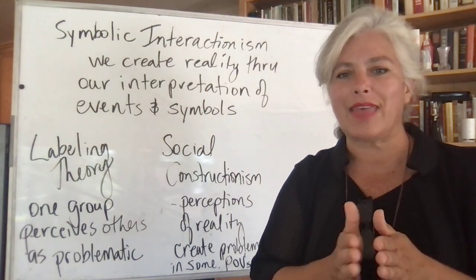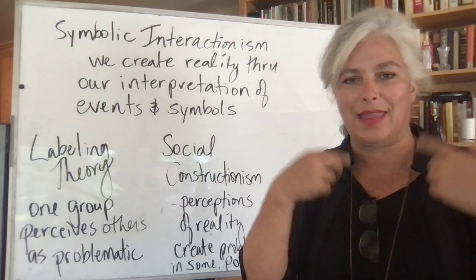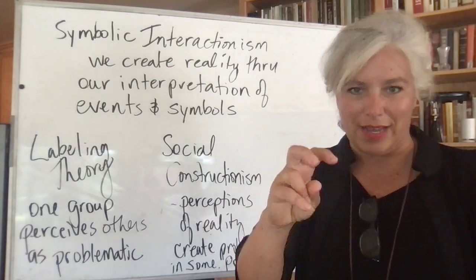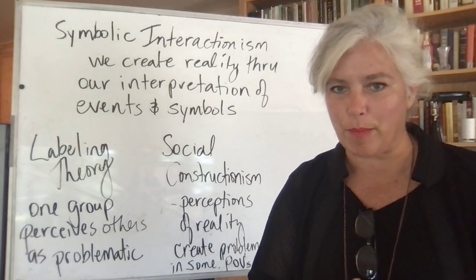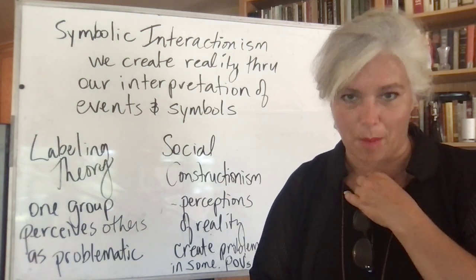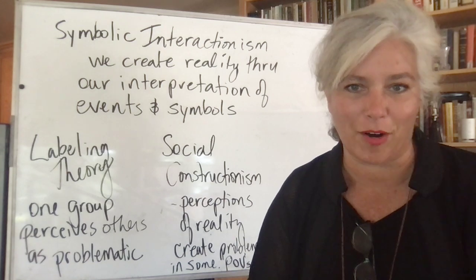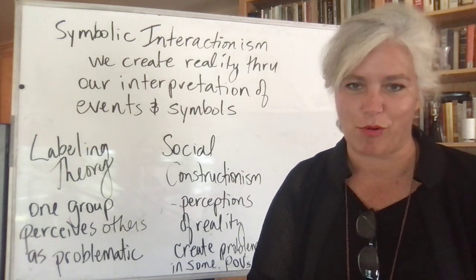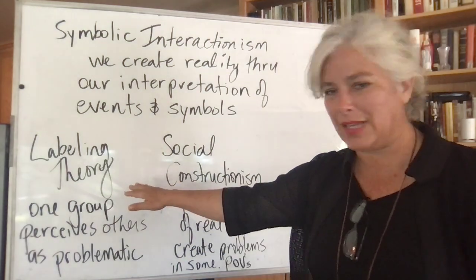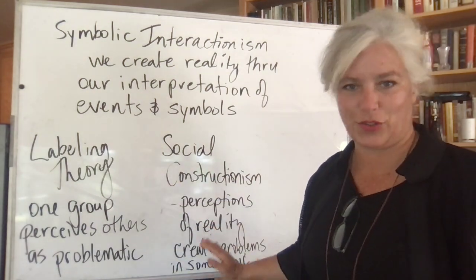And so because of that disconnect between the us and the them, the otherness that we perceive, we can perhaps identify problems that are from our point of view that maybe are not part of their idea. Maybe they disagree that it's a problem to begin with. And so that's labeling theory or social constructionism.